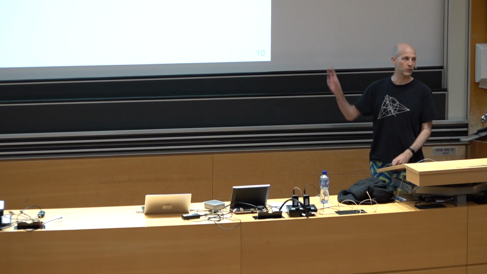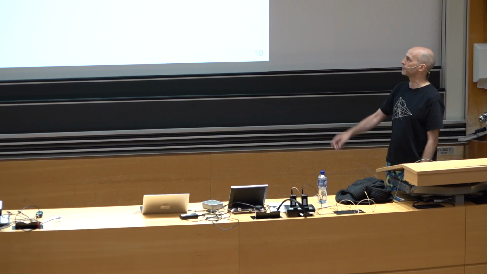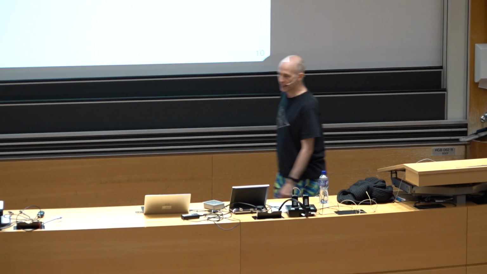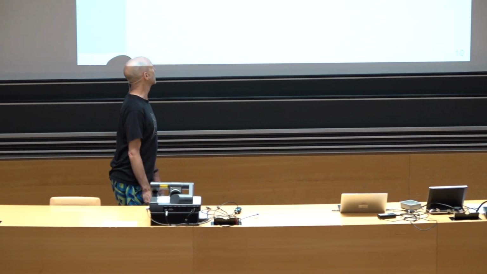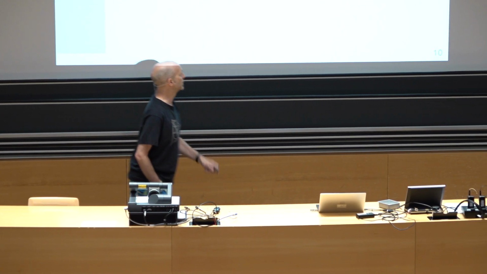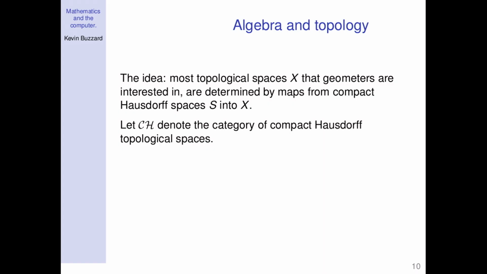Maybe not the kind that topologists are interested in. If you're just finding weird counterexamples, then you might not be so keen on this idea. But if you want to do differential geometry or something like that, or study Banach spaces, then the idea is that maybe we're not losing too much information by replacing X with all the maps from all compact Hausdorff spaces into X.